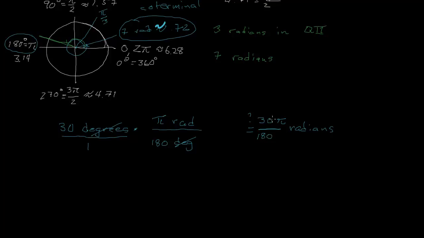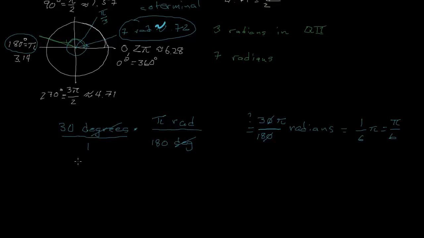If I want to simplify that, I can divide out tens, and 3 over 18, I can divide out 3, and I get 1 over 6, and pi is still there, so I get 1/6 pi radians. Usually we'll write this as 1 times pi over 6 radians.